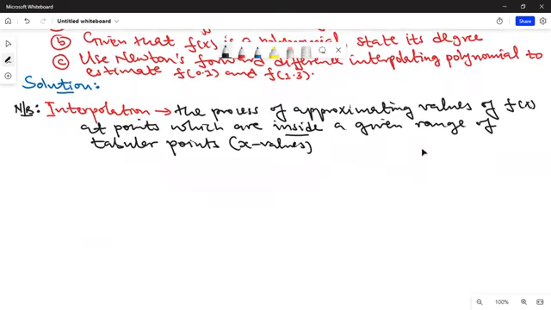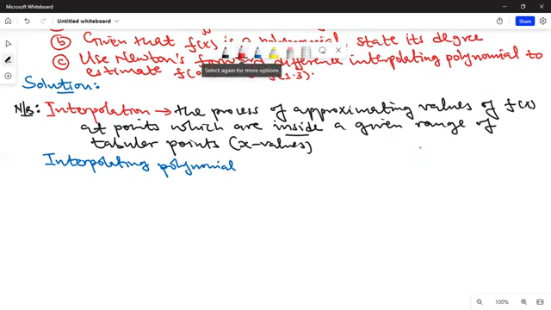Now, usually, the interpolating polynomial is this one, Pn of x. It is a polynomial of degree n.